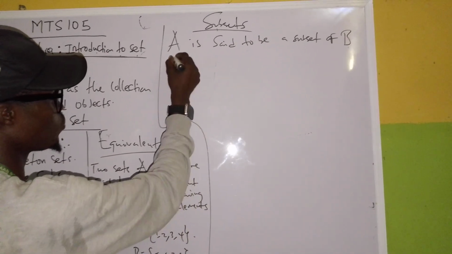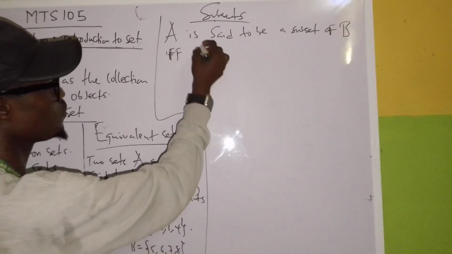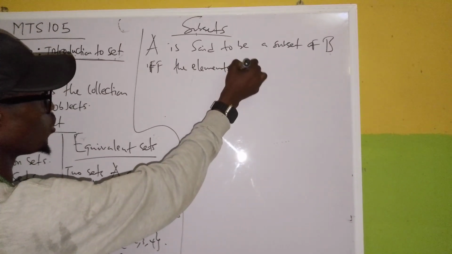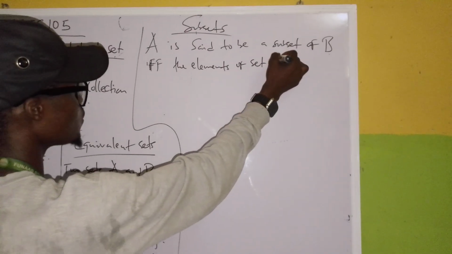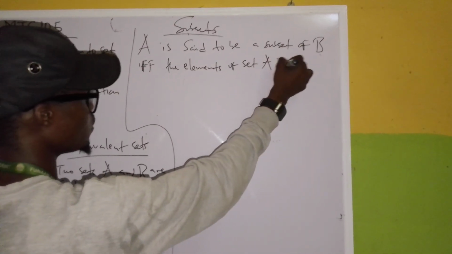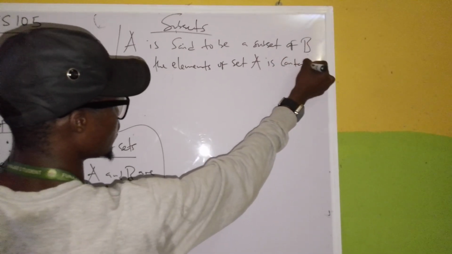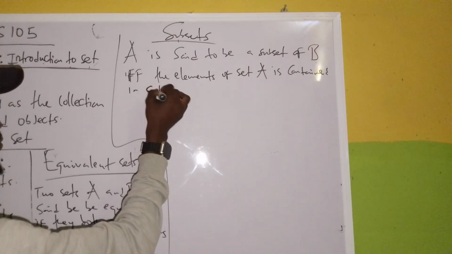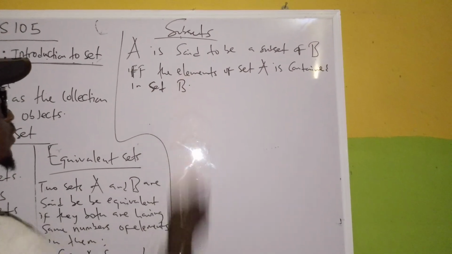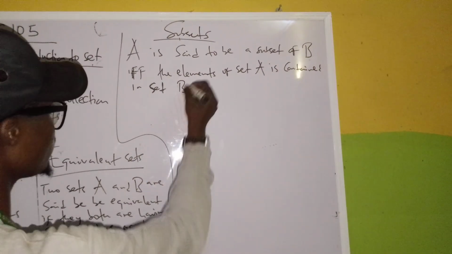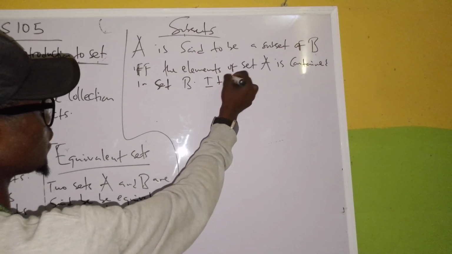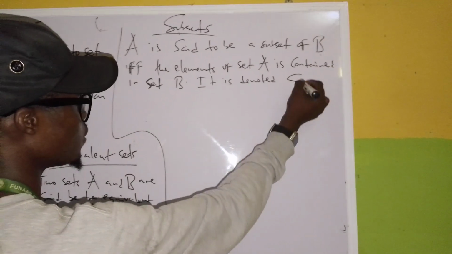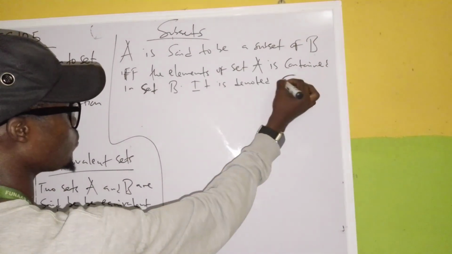If and only if the elements of set A are contained in set B. It is denoted by this symbol, which is the symbol for subset.